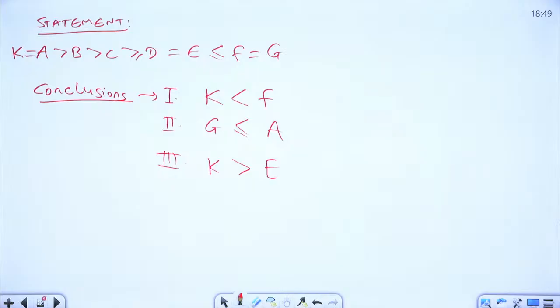Interesting question. Very, very interesting question. I'm not writing the conclusions, I mean the options. We'll have to figure it out ourselves.